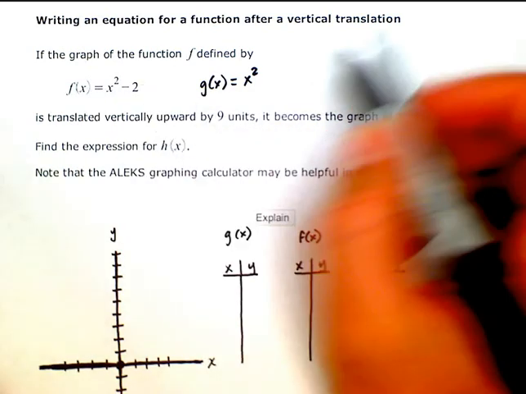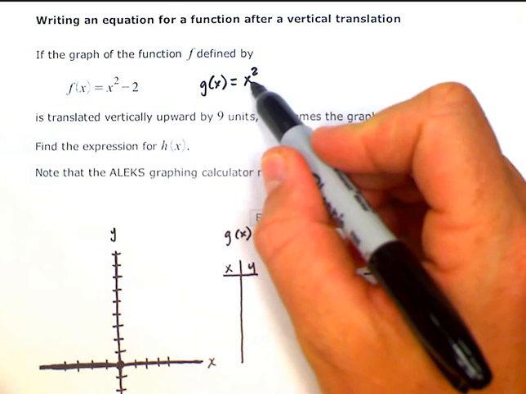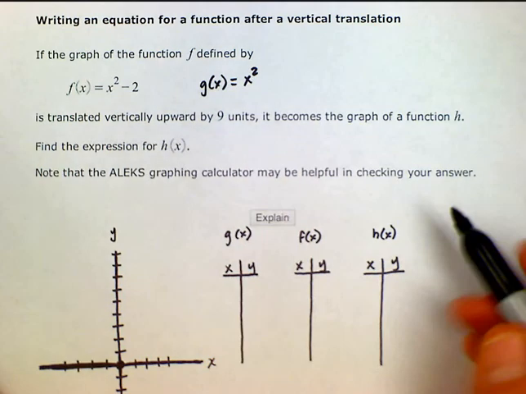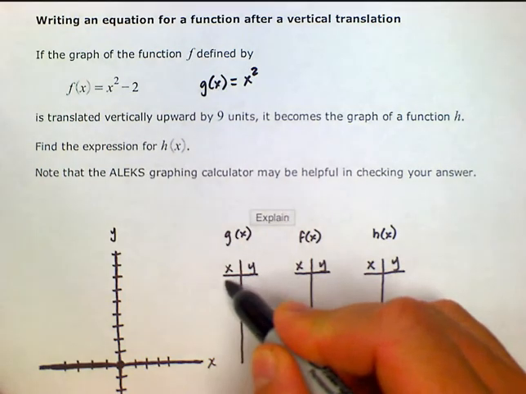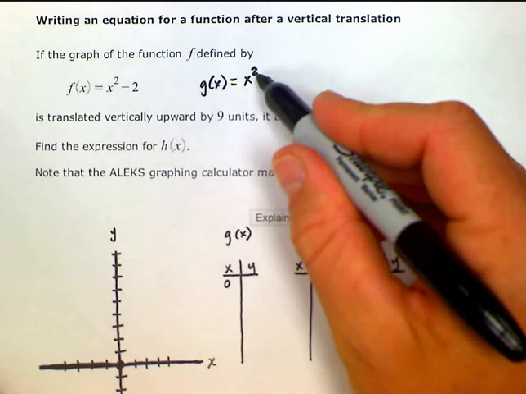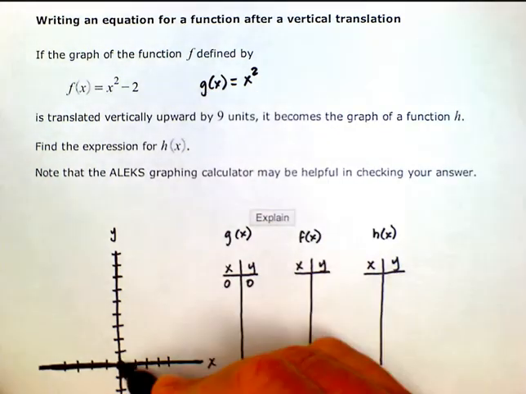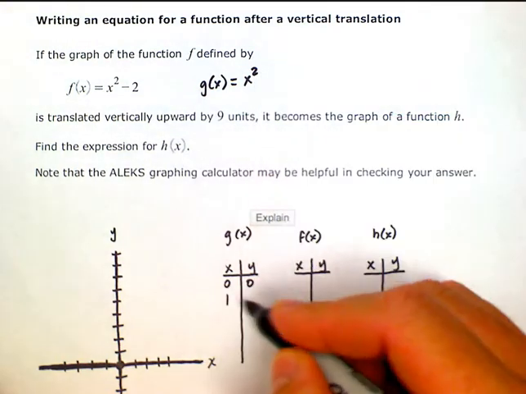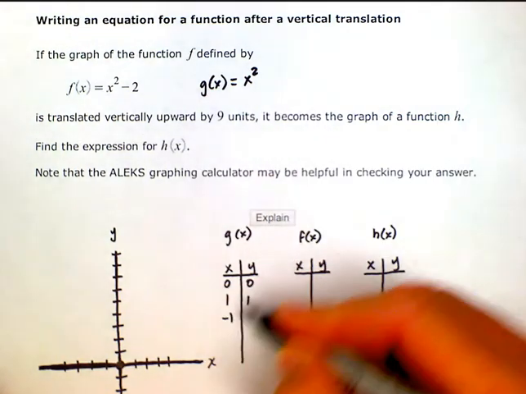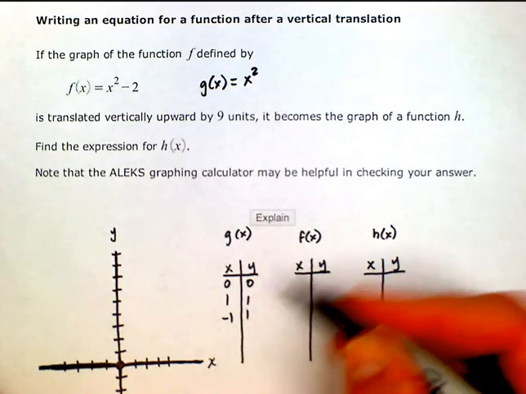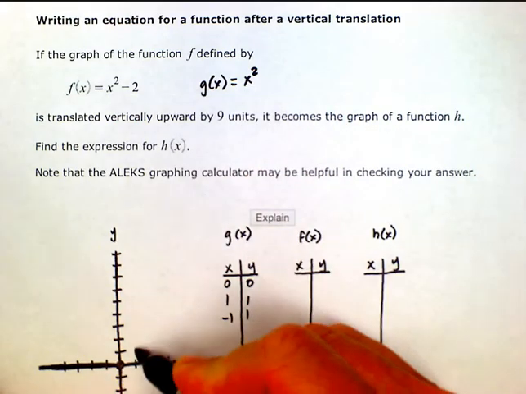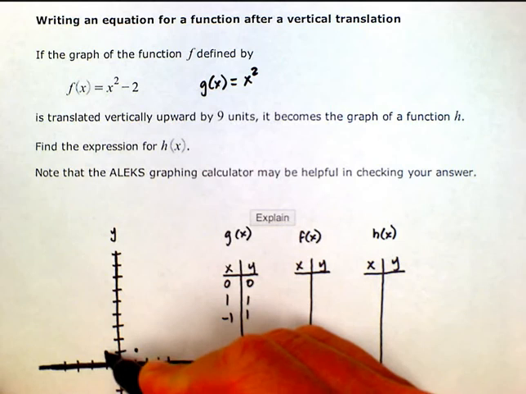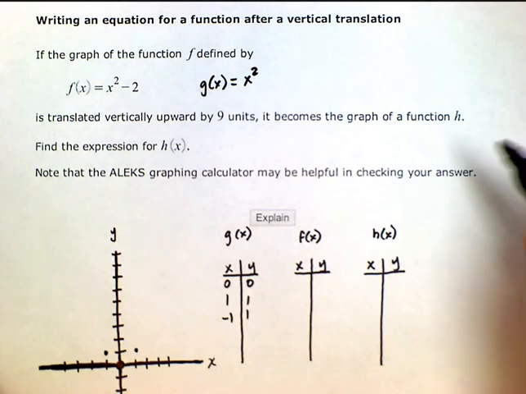So if we define g of x as x squared, what would that look like? If we plugged in 0 for x, 0 squared is 0. So we would be at 0, 0 here at our origin. If we plugged in 1 for x, 1 squared is 1, and negative 1 squared is also 1. So at 1, 1 and negative 1, 1, we start to have symmetry across the y-axis.